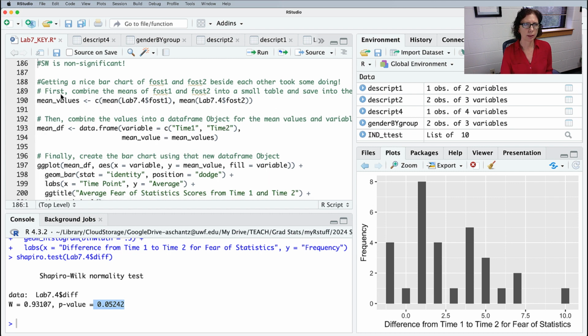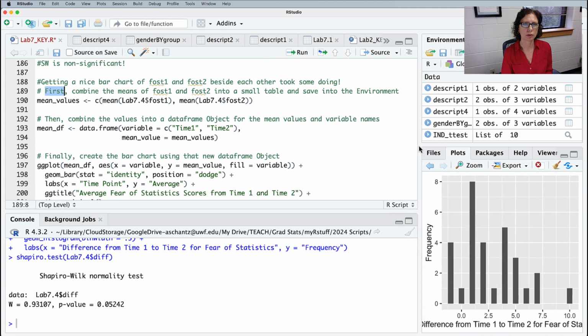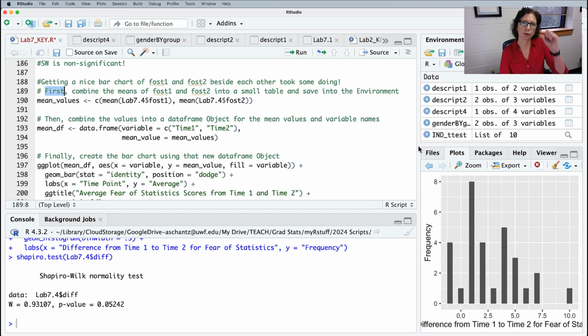What I came up with is, first I had to combine the means of the FOST1, FOST2 variables into a baby table and save that into the environment. So I called this new object in the environment mean values. It's assigned by the combination of the mean for FOST1 and the mean of FOST2.